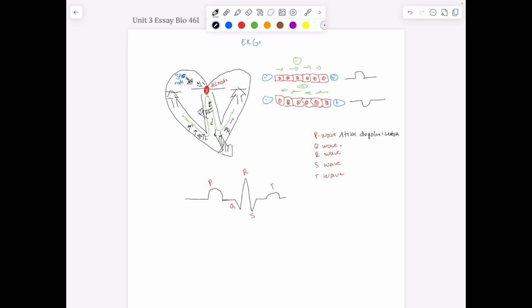And then QRS is going to be our ventricle depolarization. And then our T wave is our ventricle repolarization. And so that summarizes our EKGs.